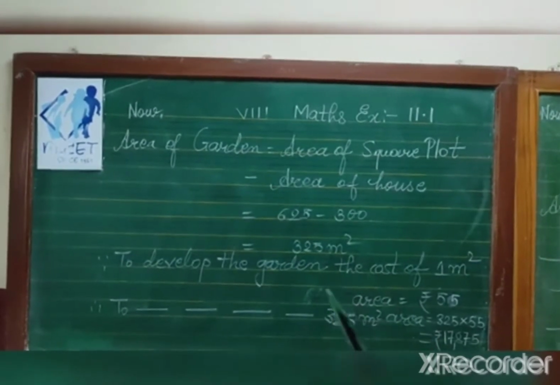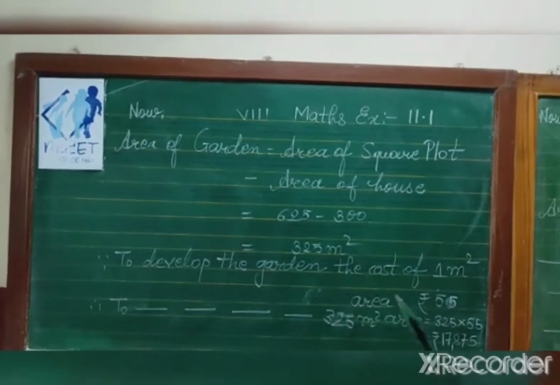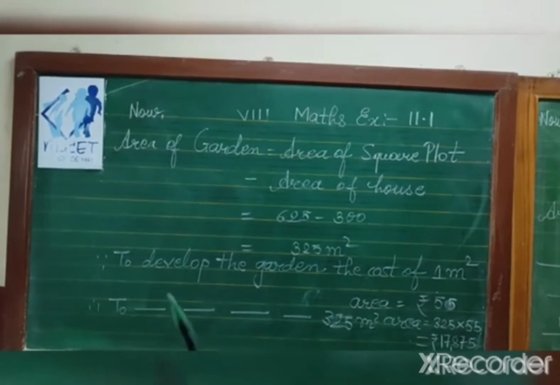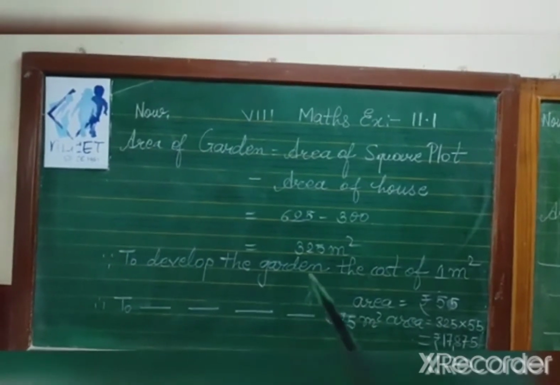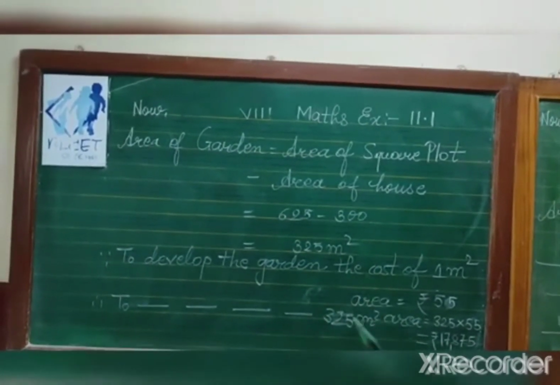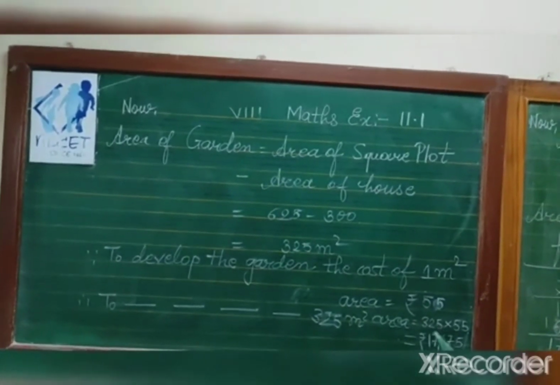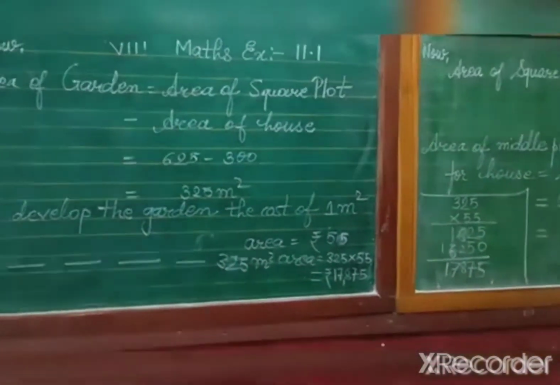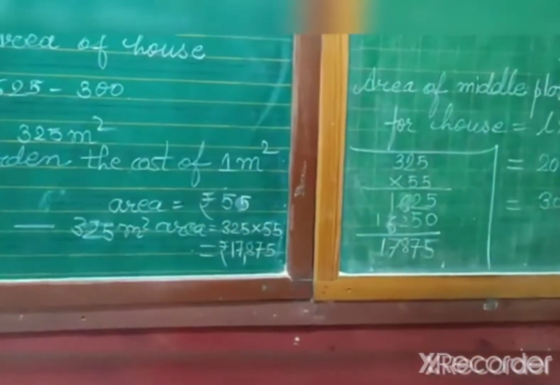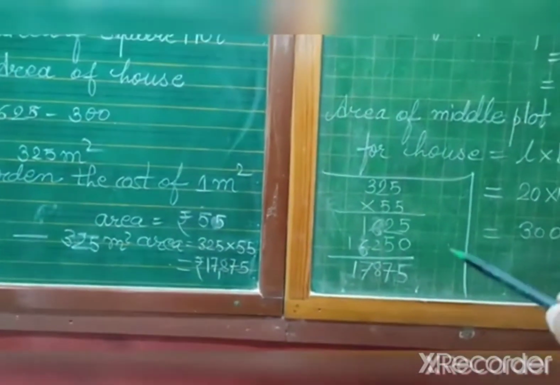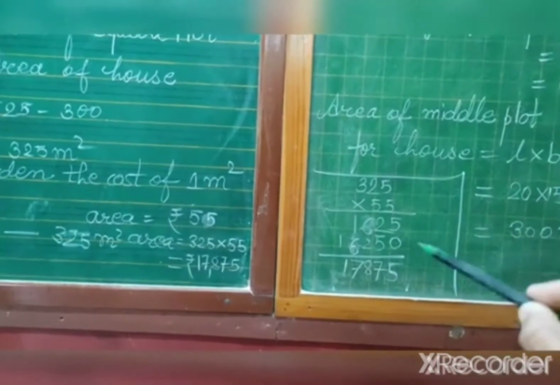To develop the garden, the cost of 1 meter square area is equal to rupees 55. So to develop the garden, the cost of 325 meter square area is equal to 325 into 55. Children, most probably what you will do, you never show the method of multiplication. Always show.